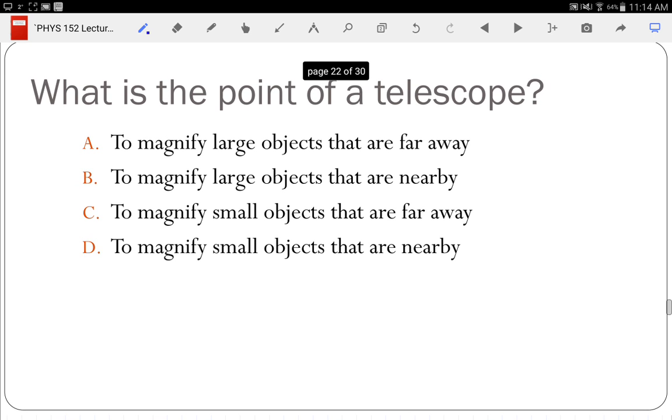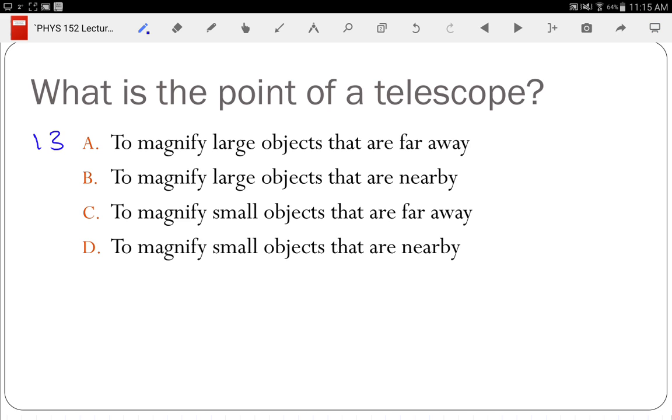Okay, what's the point of a telescope? We just finished microscopes. Done with them. What's the point of a telescope? We had 13 that said is to magnify large objects that are far away.